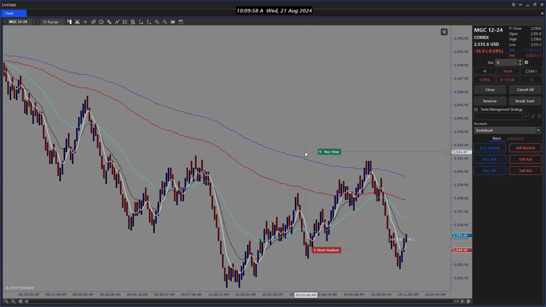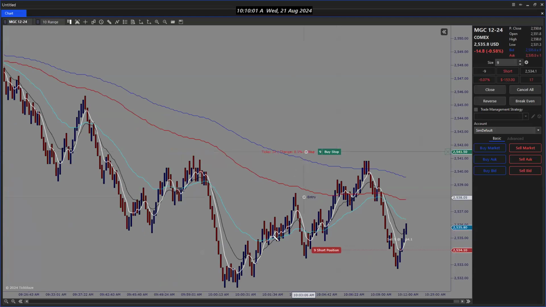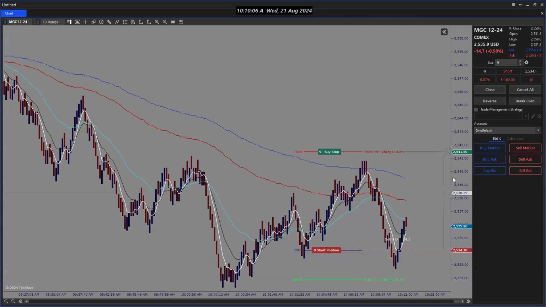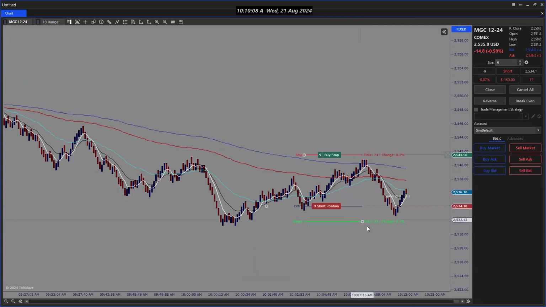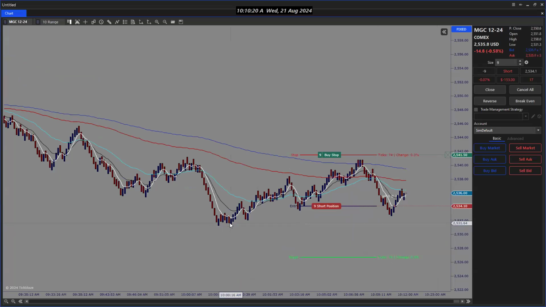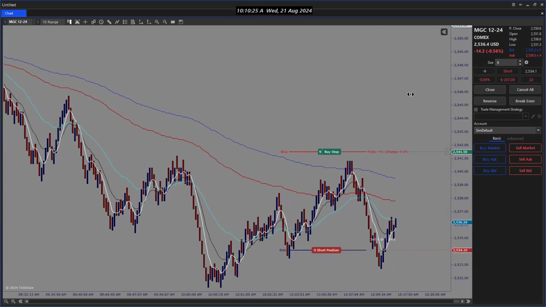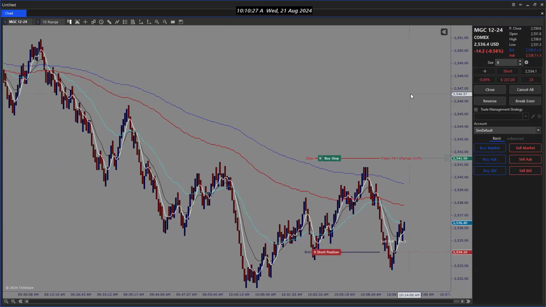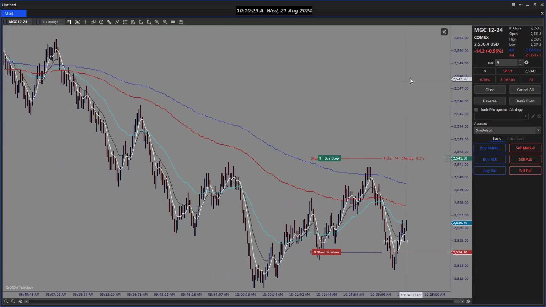A little bit less than halfway to target on this low. We talked about location and entries and stuff. A little bit of a lower entry than we would want, but we'll manage it at this point and see what happens.